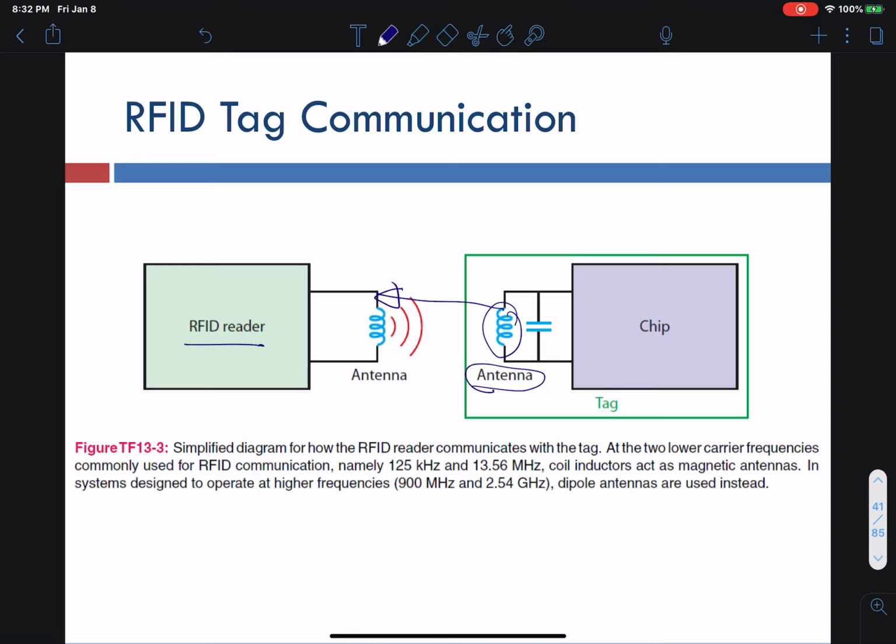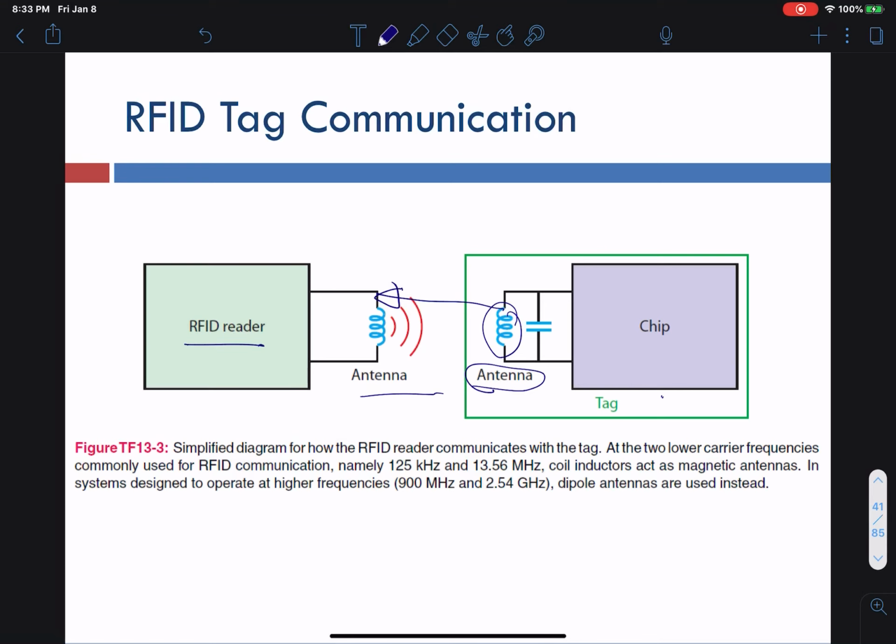If it's an active tag, that means this tag is an active RFID. This tag has its own power, so it does not need a strong signal from the reader to produce enough current by itself. Whenever there is a signal from the tag reader, it activates its own power and sends the number back to the tag reader.